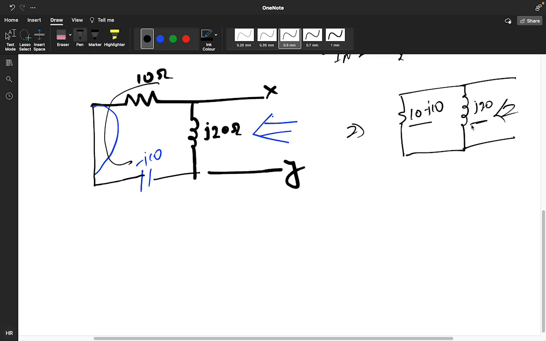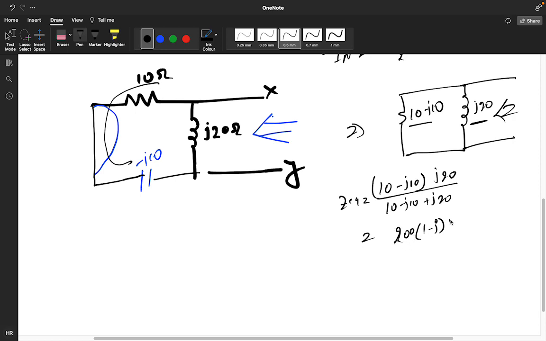So these two are in parallel. So 10 minus J10 into J20 divided by 10 minus J10 plus J20. After solving this, take 10 common, 1 minus J, it will become 200 into J divided by 10 common, 1 plus J. So this will get cancelled out.